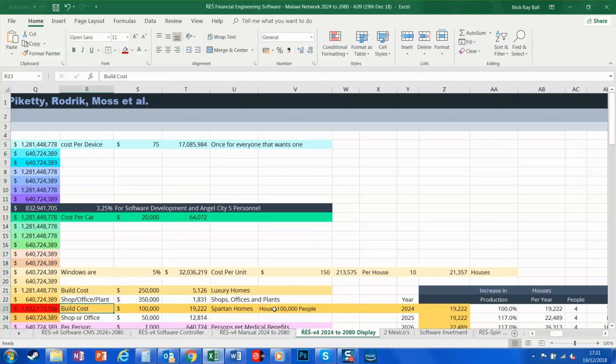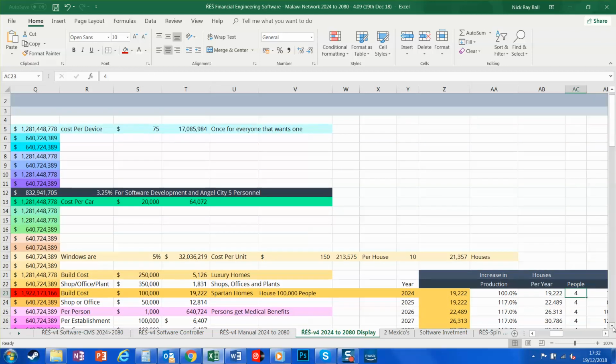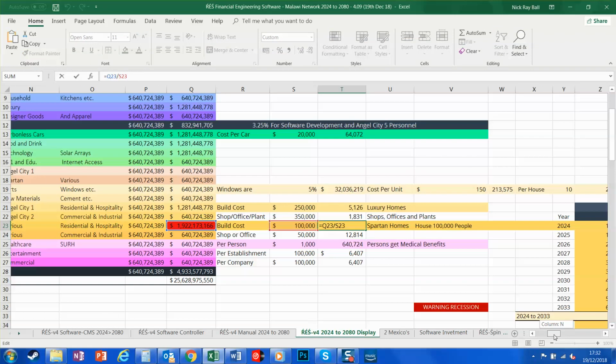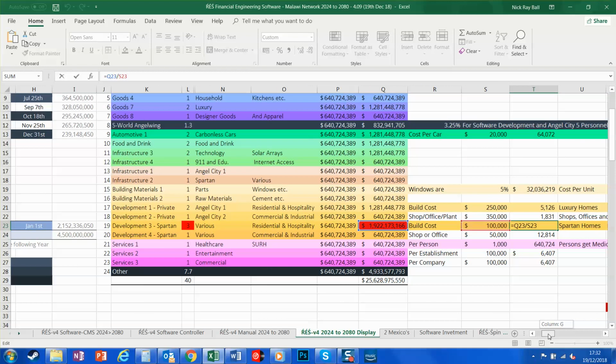One of which I particularly follow is the Spartan homes. And here we're seeing, okay, we've got the build cost times.